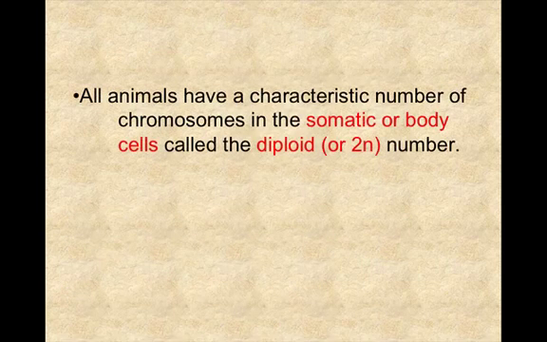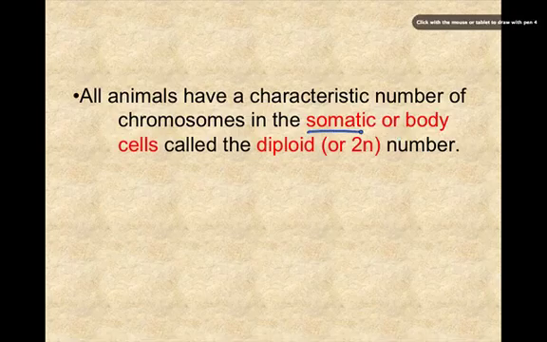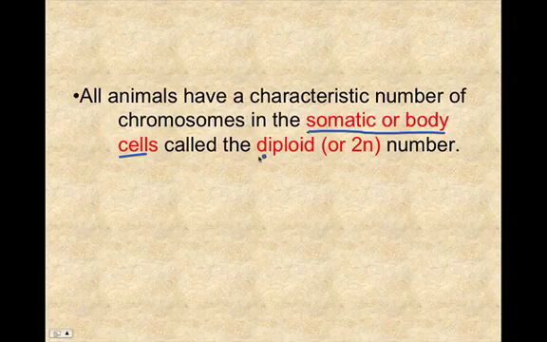All animals have a characteristic number of chromosomes in their somatic or body cells, and these once again are called diploid. So this is just a reminder to you that our body cells or somatic cells are all diploid. So your skin cells, your muscle cells, all of those are 2N.